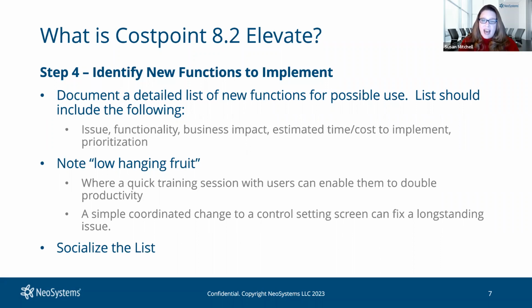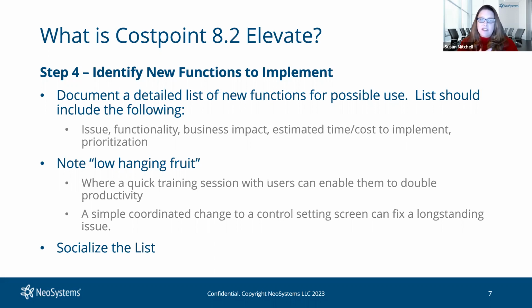Most companies have a process where they are very restrictive of the control screens, as they should be, but there's a process that you can go through to coordinate that change, get that change approved, socialize it so everybody knows that it's going to happen, and then make the change so that that simple fix can be done. So again, the low-hanging fruit.